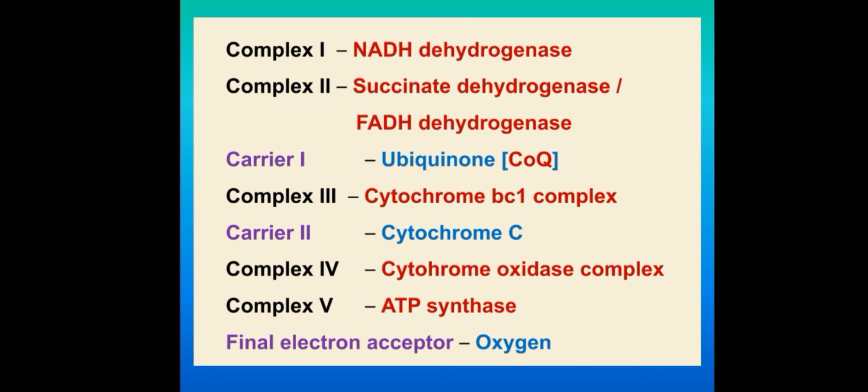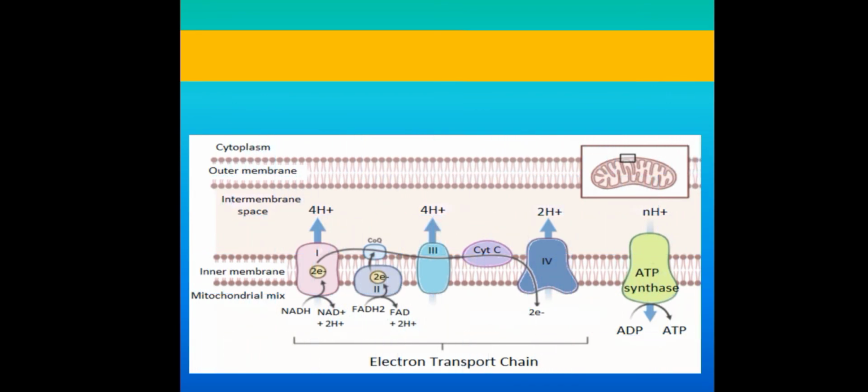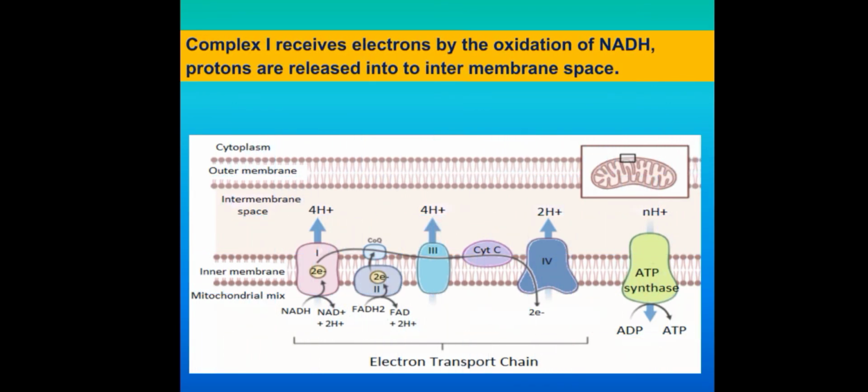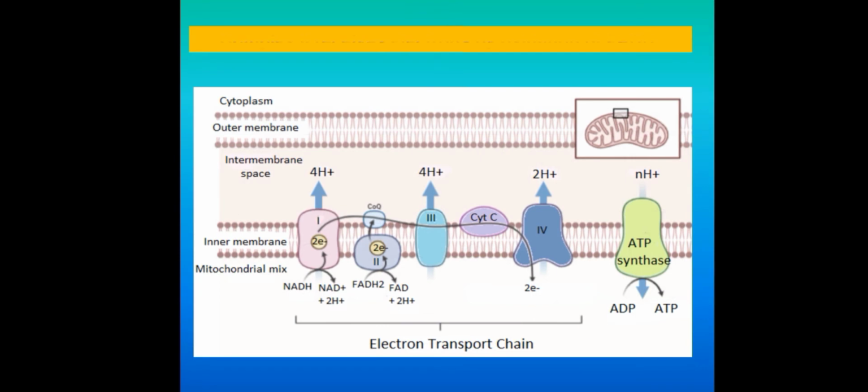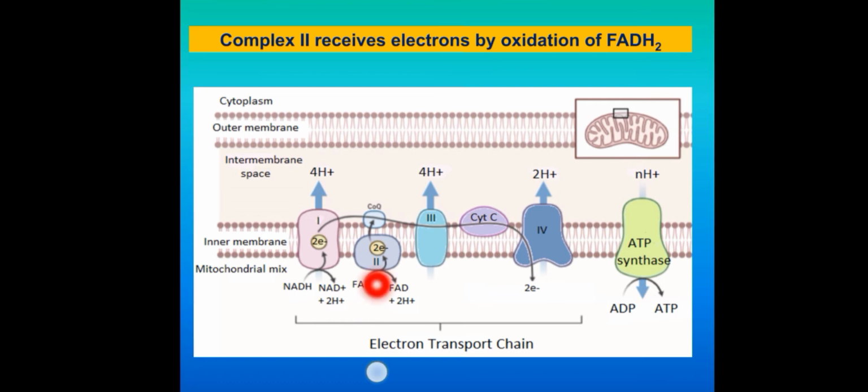Now let's see how the electrons are carried through these complexes along with the transfer of protons across the membrane. Complex 1 receives electrons by the oxidation of NADH. Protons are released into the intermembrane space. Complex 2 receives electrons by the oxidation of FADH2.